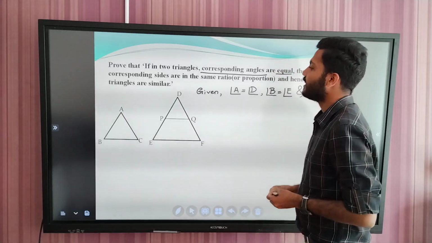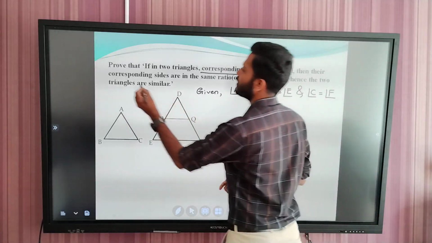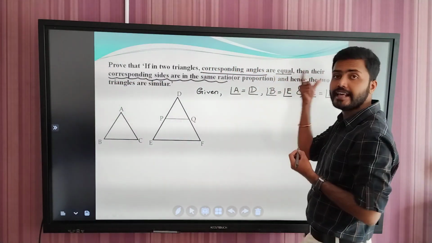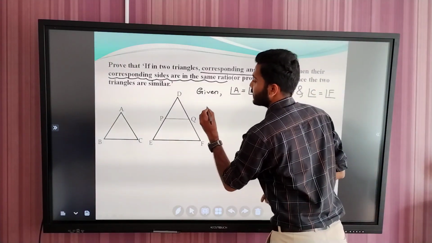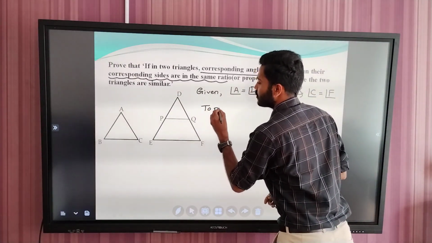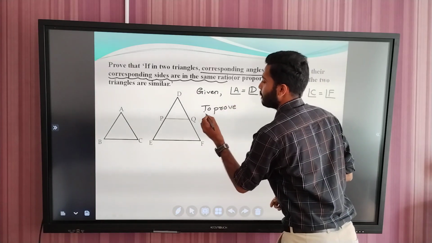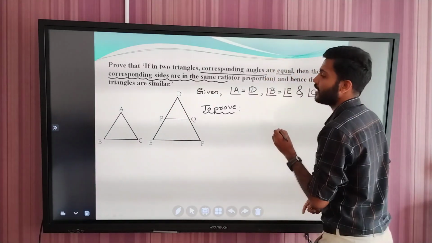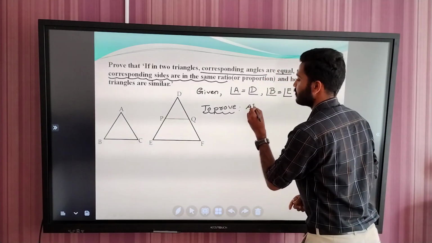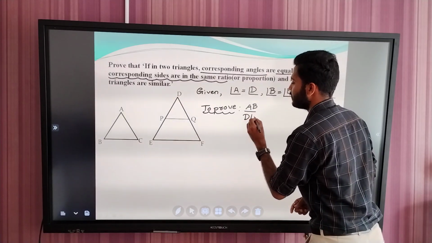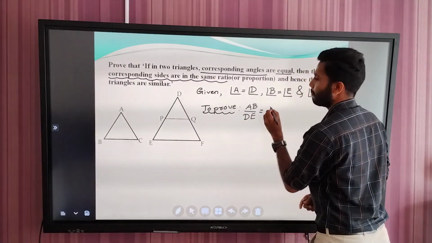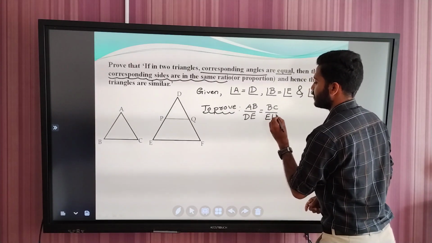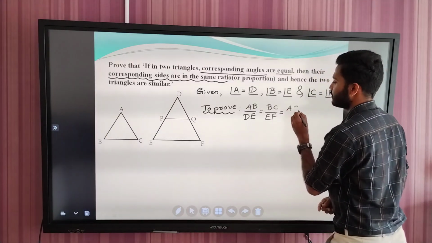So now what we need to prove? First we need to prove that the corresponding sides are in the same ratio and hence the two triangles are similar. So to prove, we need to prove that the corresponding sides are in the same ratio, that is AB upon DE is equal to BC upon EF is equal to AC upon DF.